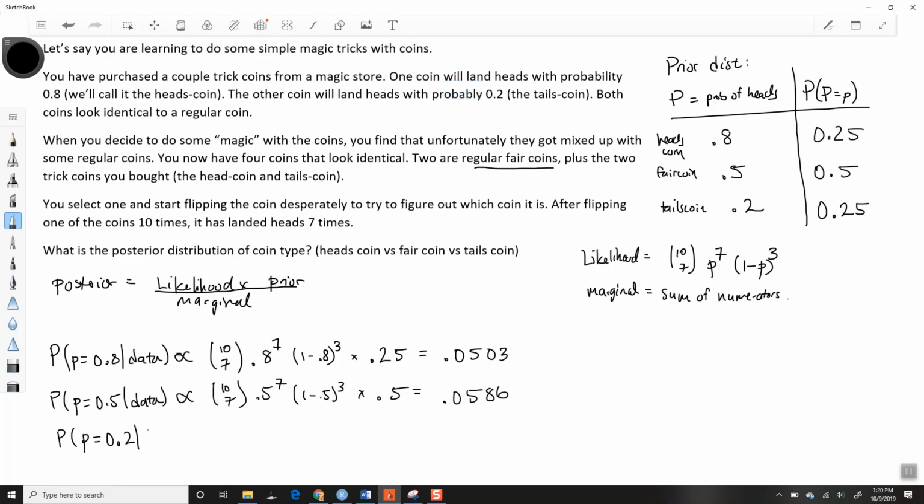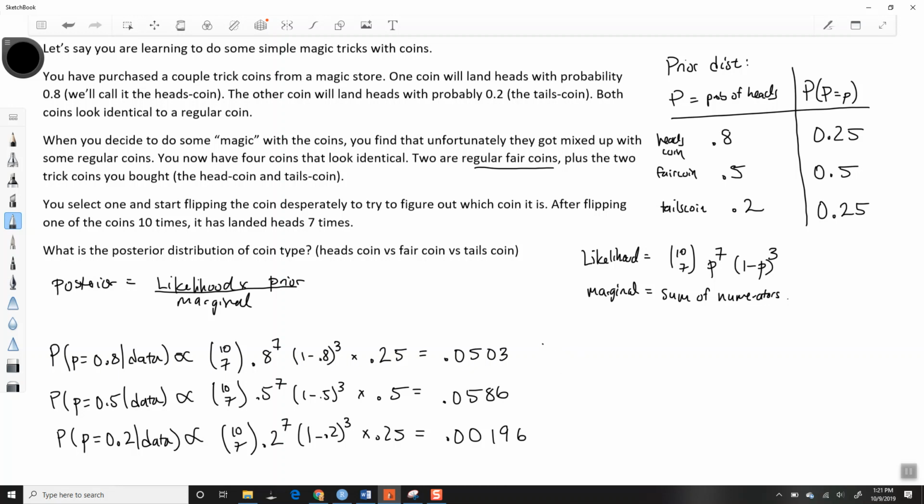P equal to 0.2 given our data is proportional to 10 choose 7, 0.2 to the 7th, 1 minus 0.2 to the 3rd, times 0.25, and this is 0.000196.